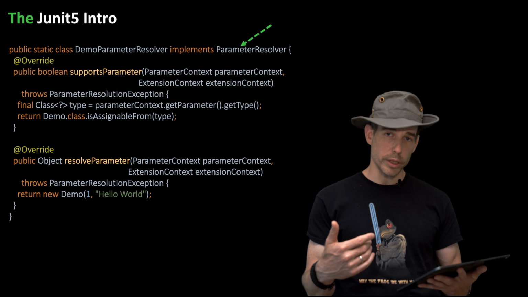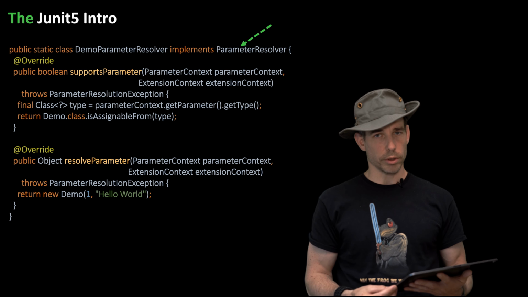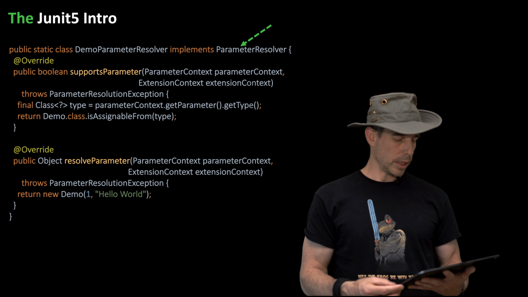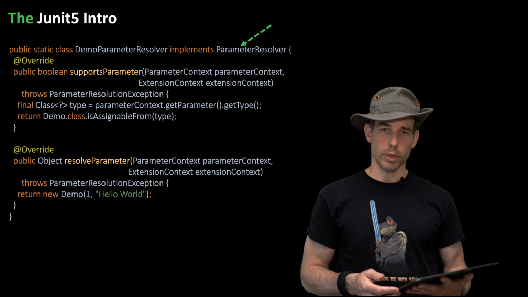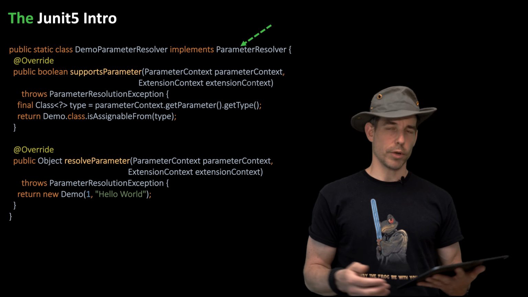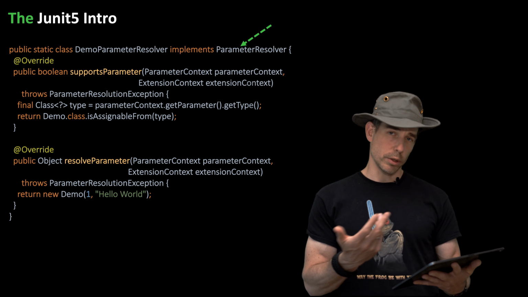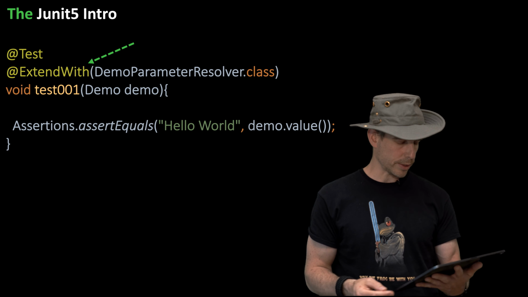You will get this extension context. So if you know that there's something inside this extension context already shared or stored, you can make use of this and then just create the instance. Here it's just a new constructor, but you are completely free in the technologies you want to use. Okay, now you are able to create on the fly things you are injecting into the test.